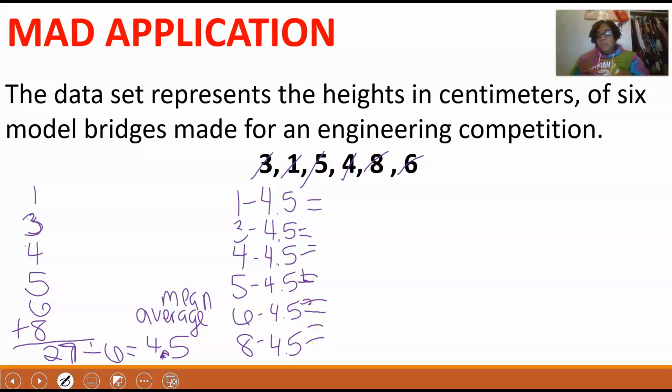So 1 minus 4.5 is negative 3.5. 3 minus 4.5 is negative 1.5. This will be negative 0.5.